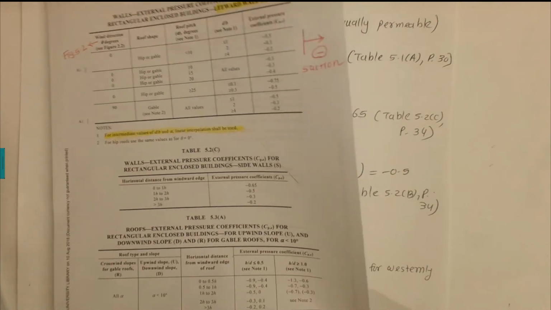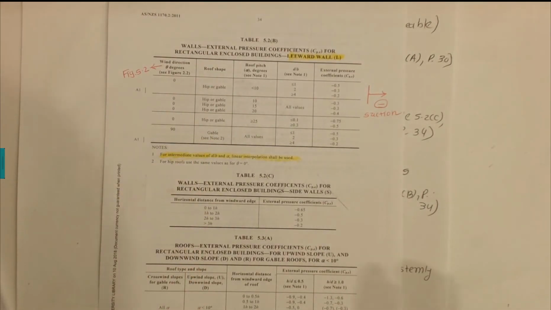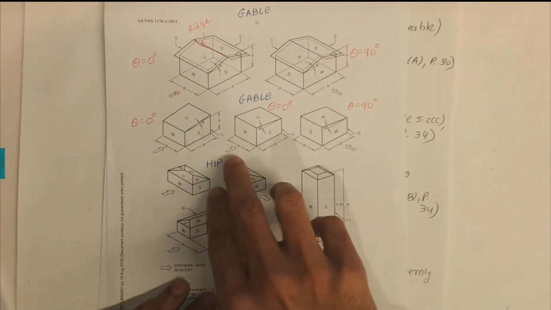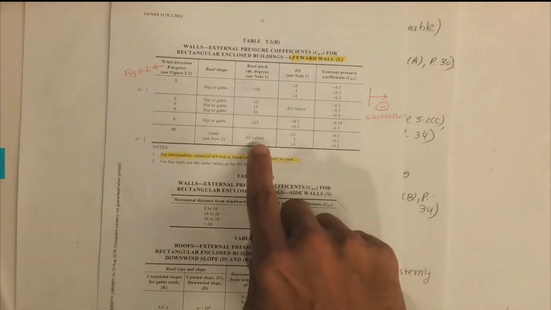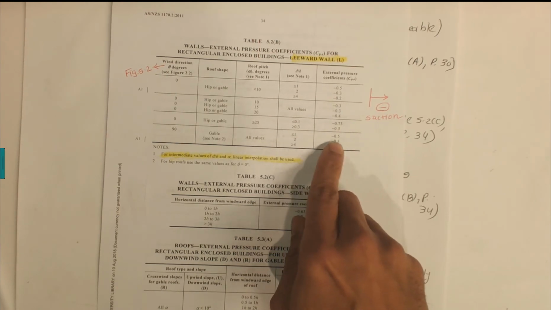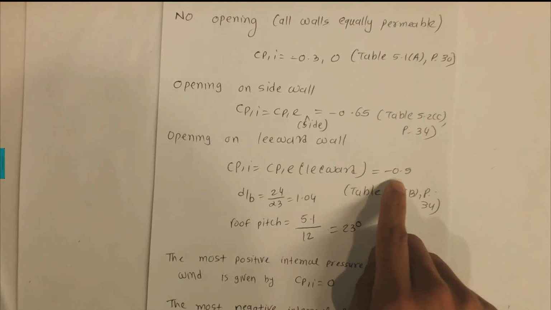So we have theta equal to 90, gable roof. We can say these all are gable roofs, and these are the hip roofs where you have these four scenarios. Then for all the values of roof pitch, we have a D on B ratio of 1, which gives minus 0.5, that we got here.